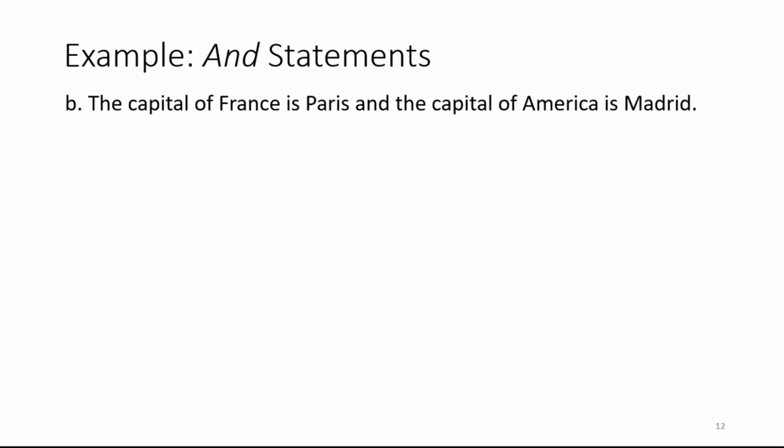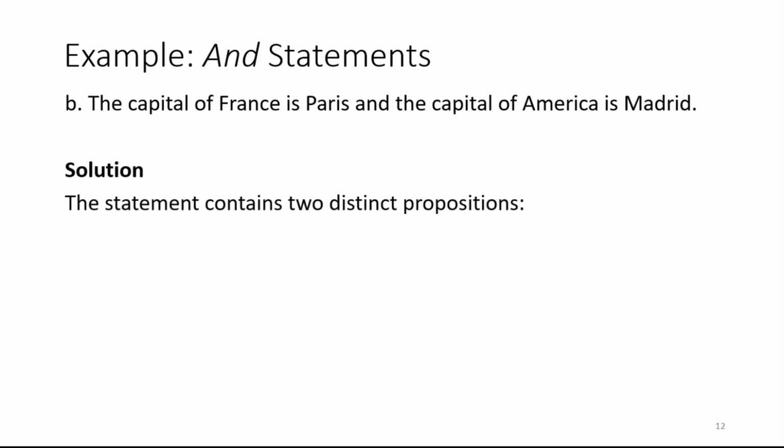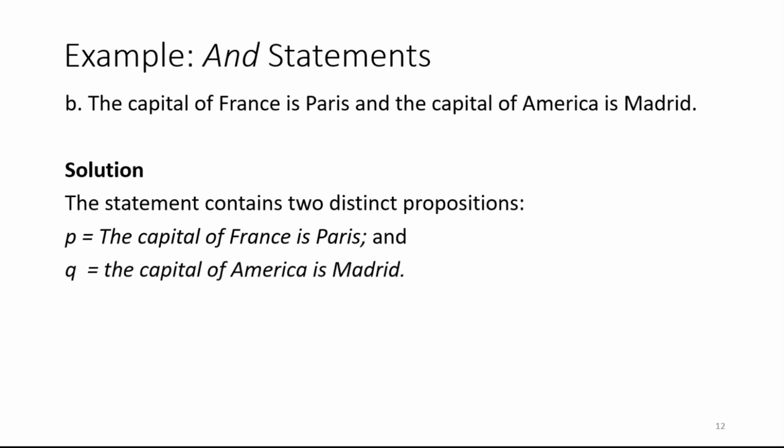Part B: the capital of France is Paris, and the capital of America is Madrid. The statement contains 2 distinct propositions. Let P be the statement, the capital of France is Paris, and Q the proposition, the capital of America is Madrid.